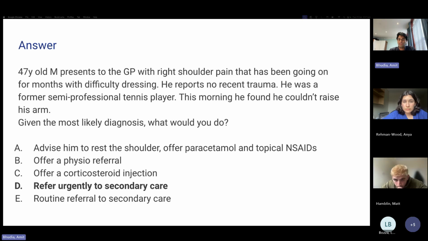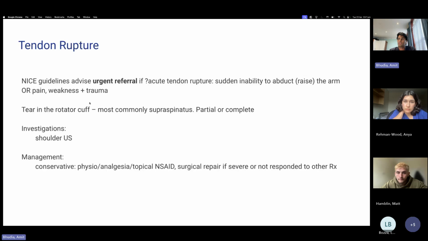So you'd be thinking, has he had a tendon rupture or what's he done to his shoulder? In this instance, it could be an acute rotator cuff tear on a background of tendonitis. This can occur without any sort of trauma. And since he's a tennis player, there's a suggestion of repetitive stress of the shoulder and arm use.